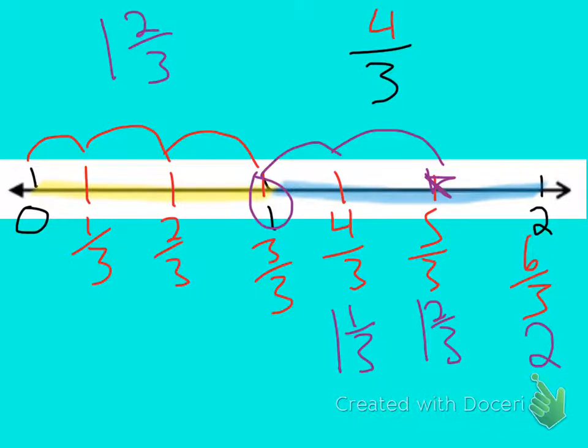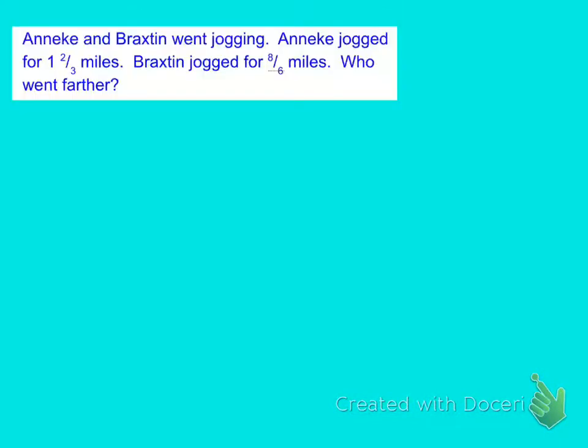Okay, 5/3 and 1 and 2/3 are equivalent fractions. And I know that because they're at the same place on the number line. Your math journal today, your assessment today, there's going to be some story problems to compare fractions using number lines. So this one's about Annika and Braxton. They went jogging.